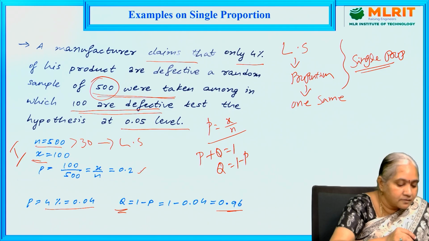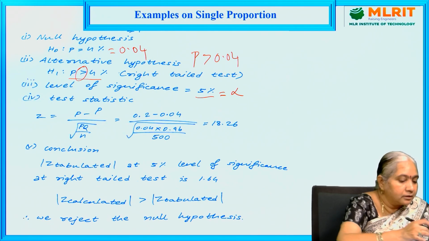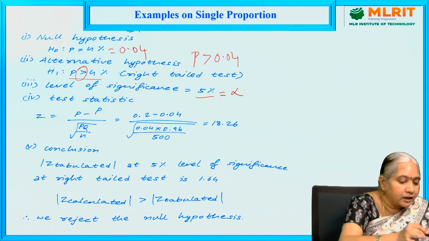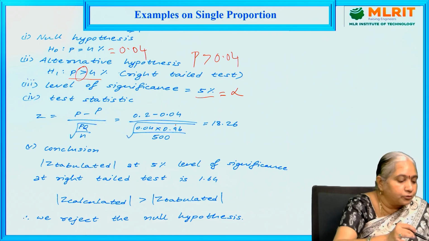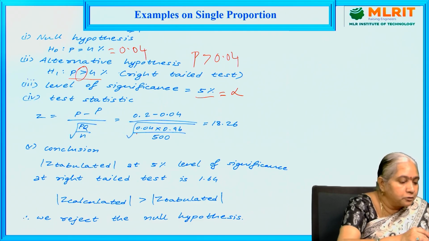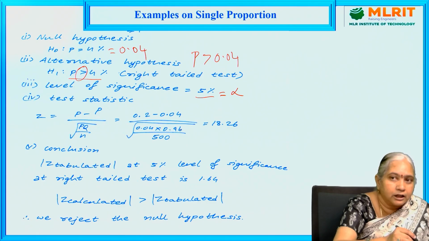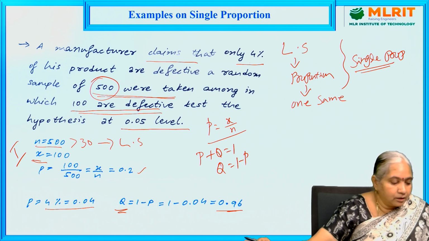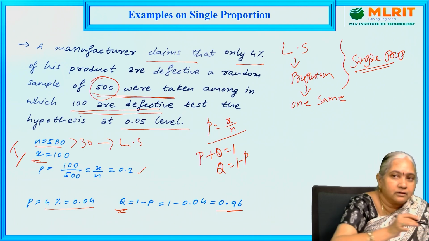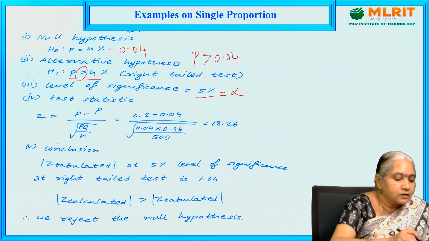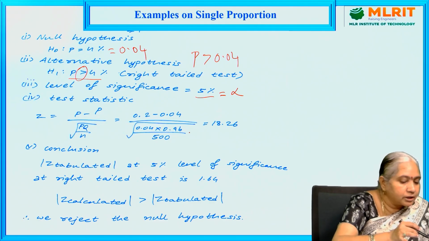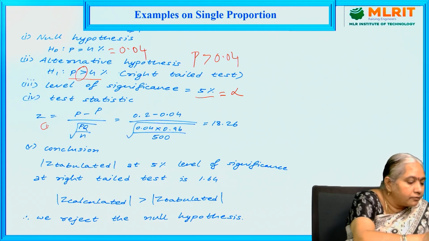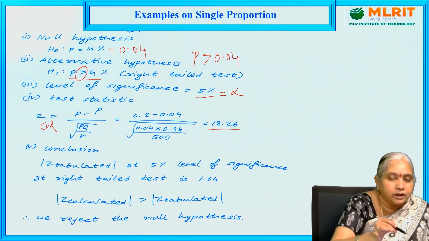This is the sample proportion, and capital P is our claim, that is 0.04, and under root PQ by N, that is 0.04 and 0.96, Q equal to 1 minus P, by N equal to sample size 500. So after simplification, we got the calculated value as 18.26.